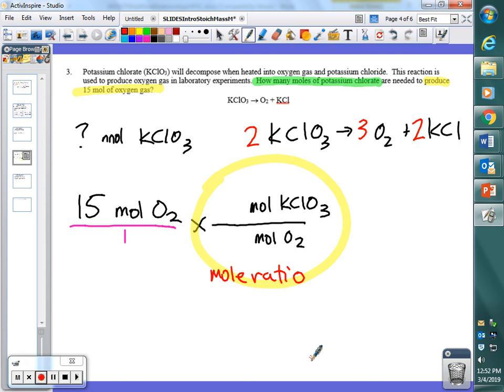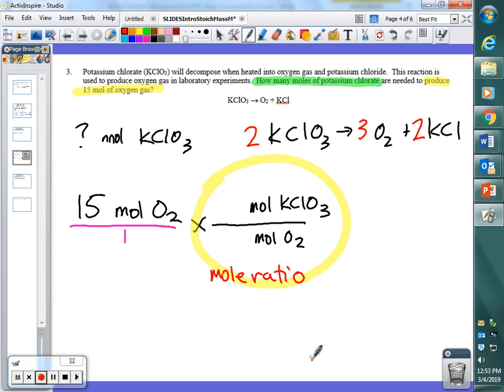I didn't introduce that term to you guys on Friday because we were rolling, but we call this conversion factor the mole ratio. Conversion factors have units, but they also have values that allow us to compare one to the other. Where do the values for a mole ratio come from? Where do we get the numbers from?